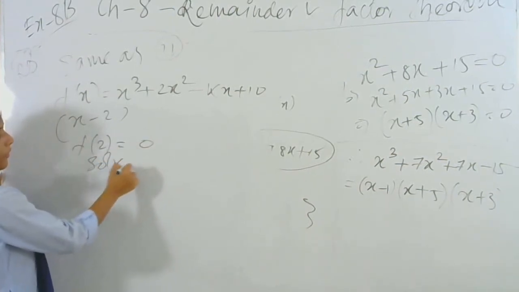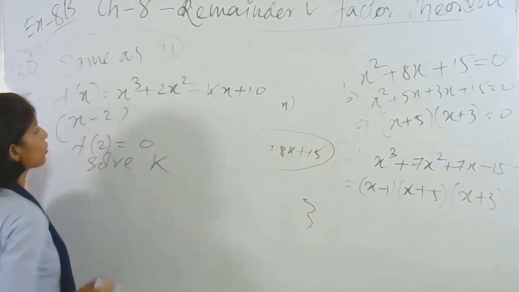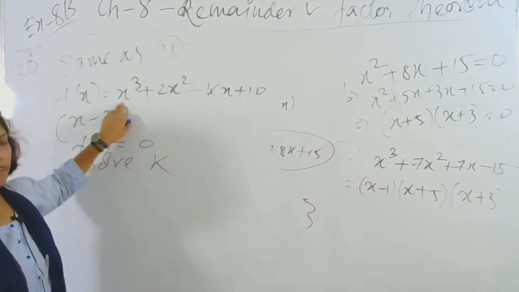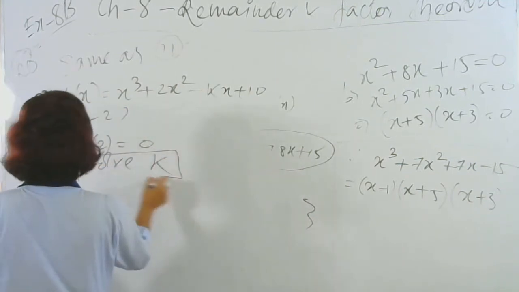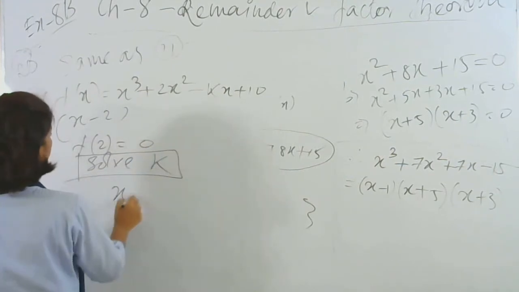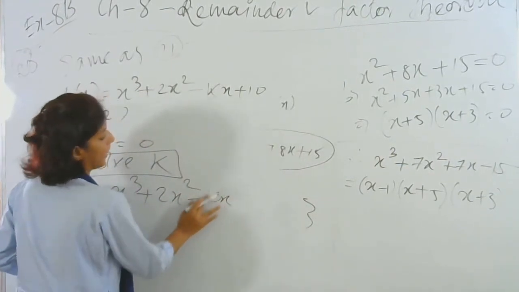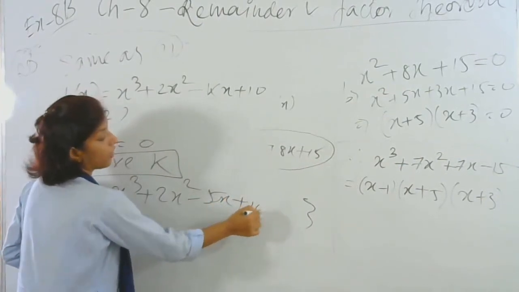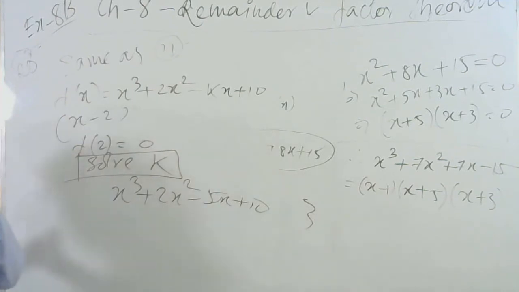I'm not solving, I'm just giving the hint. So when you put x to be 2 here, you'll get an equation in k, so solve k. After you solve k, you put the value of k over here. For example, if k is 5, so you got 5x, right? Then using the same method, you can factorize it further, okay?